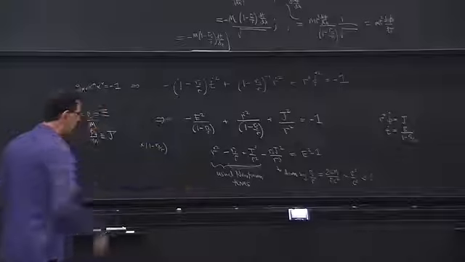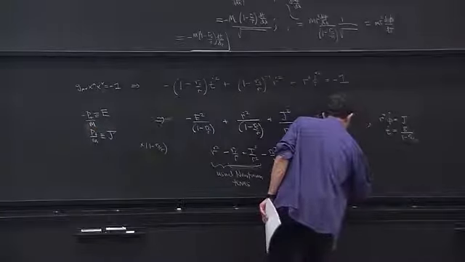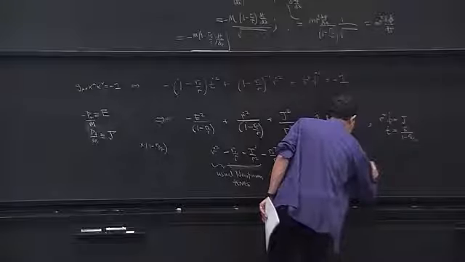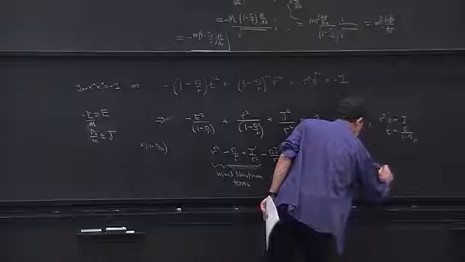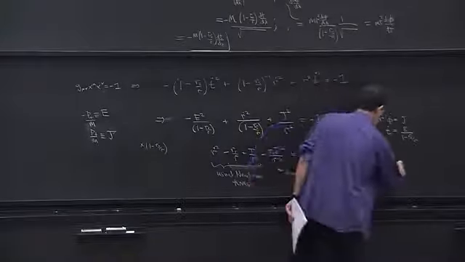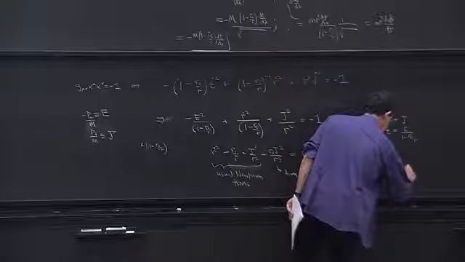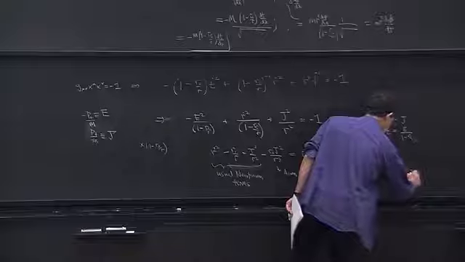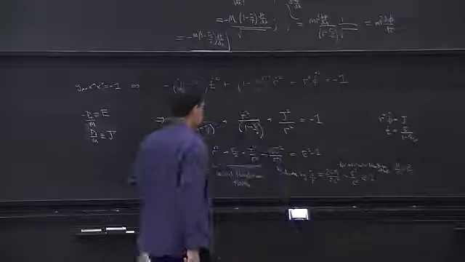So for a circular Newtonian orbit, we have 2GM over r squared equals v squared over r, or that equation.